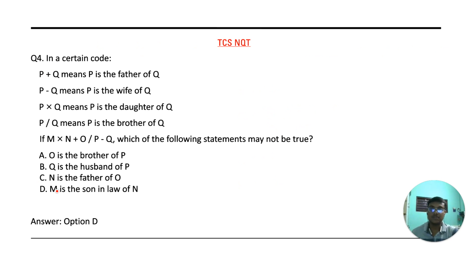Try to solve this question first, then we will be moving on to the solution. So here is the coding decoding part, and to solve these kinds of questions, we need to travel from either of the ends. My choice is moving from the right end to the left end.